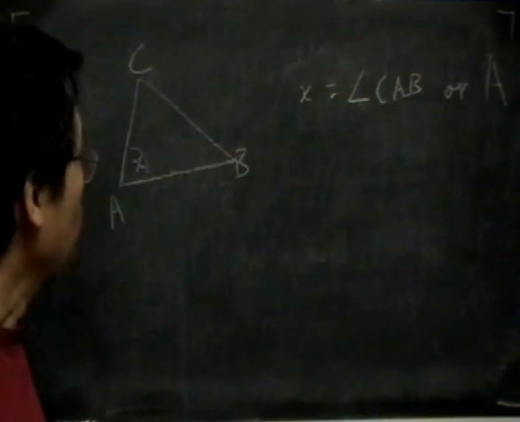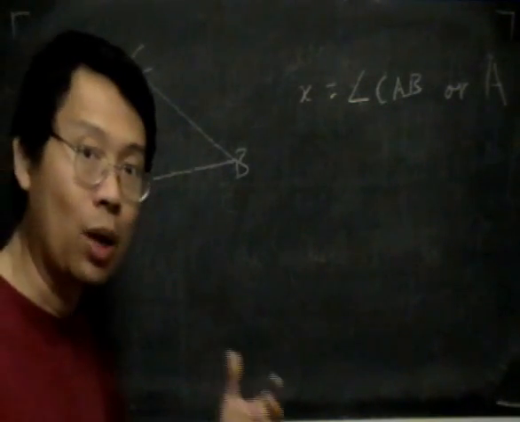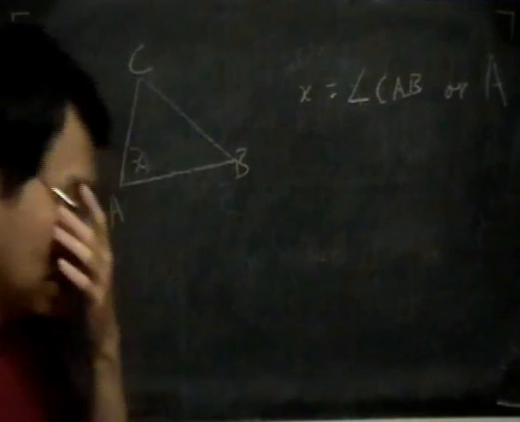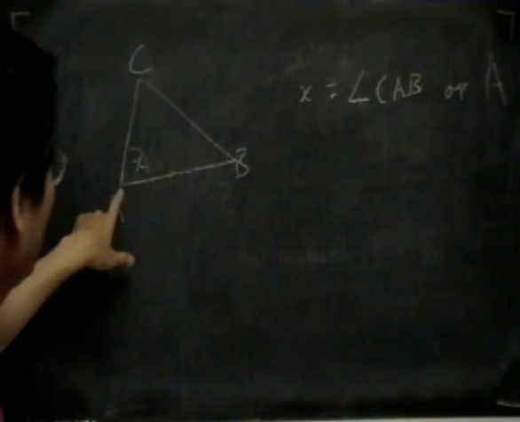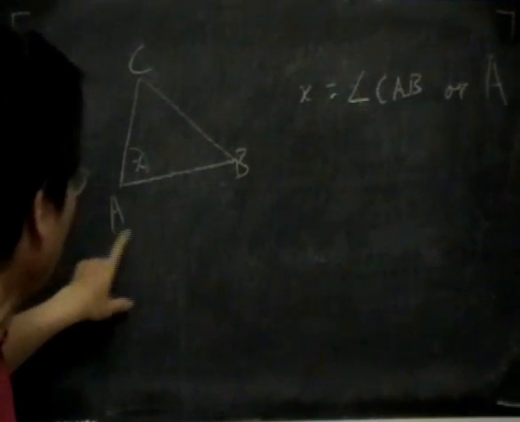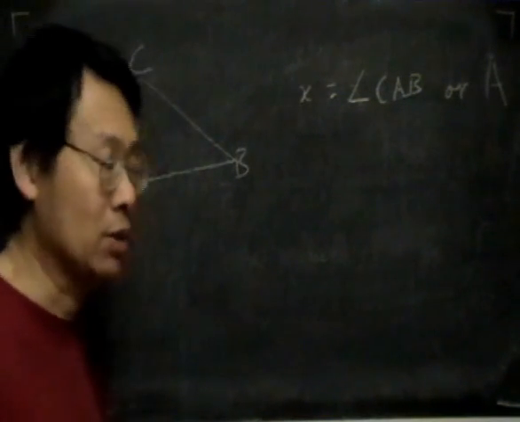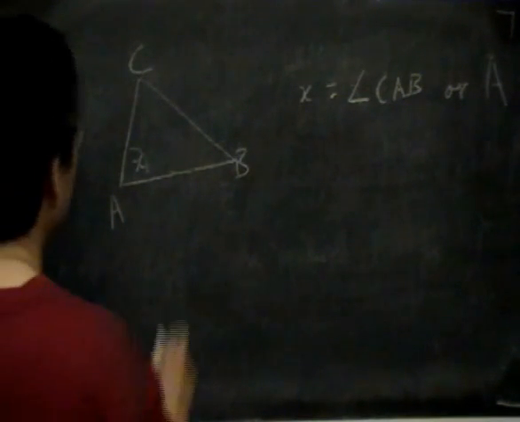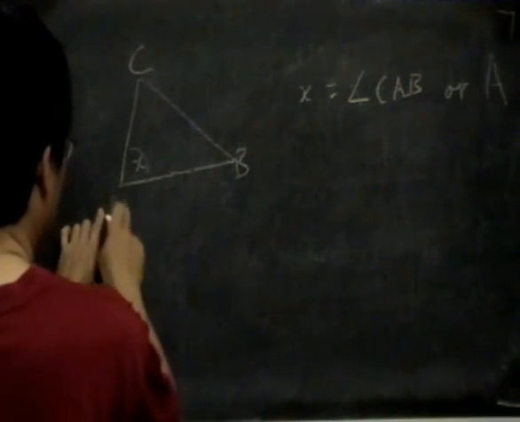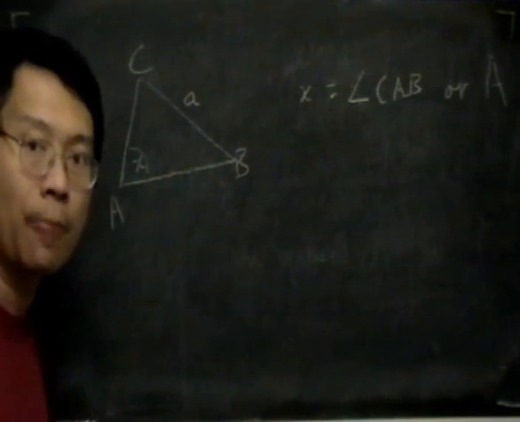So we would need some symbols to represent the sides, like X or Y. But in a triangle, if you have labeled the corners by capital A, capital B and capital C, it is usually convenient to call the side opposite to corner A, the side length little a.